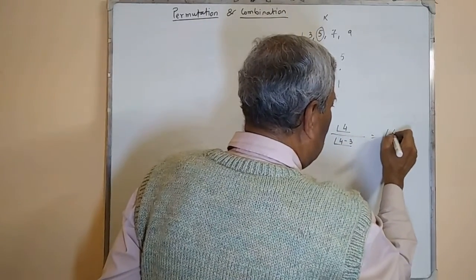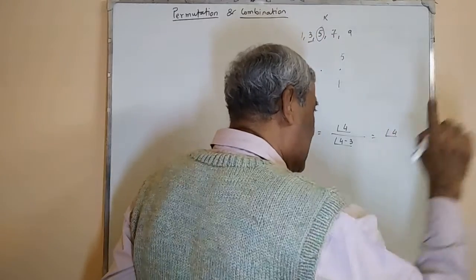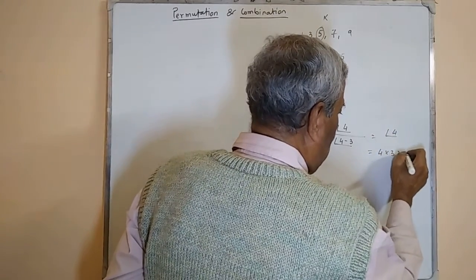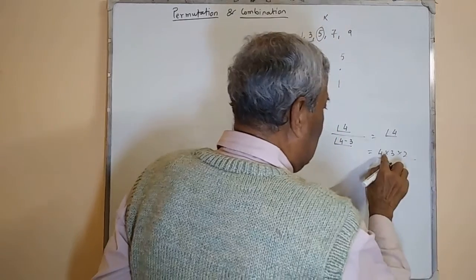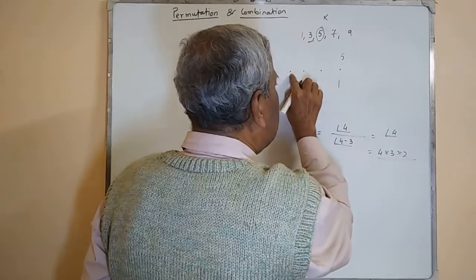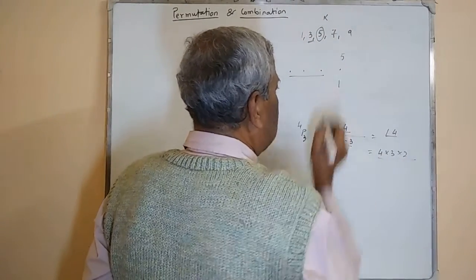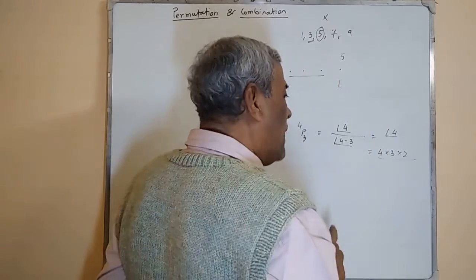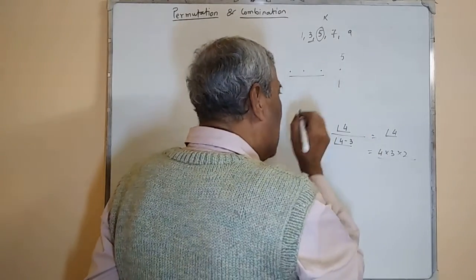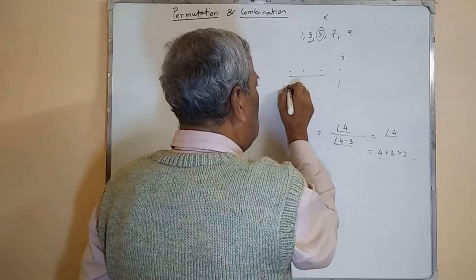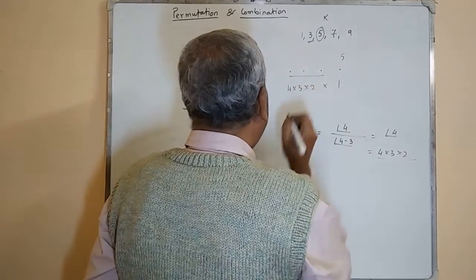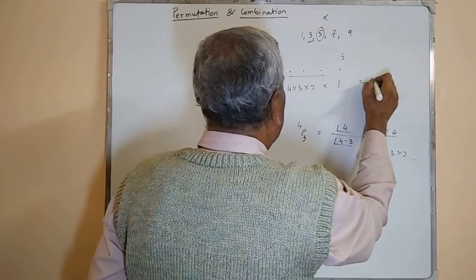So factorial 4 by factorial 1 is 4 into 3 into 2. This way we can fill up the first 3 positions, and the last can be filled up in one way. So the total number of permutations is 4 into 3 into 2 into 1, 24 is the answer.